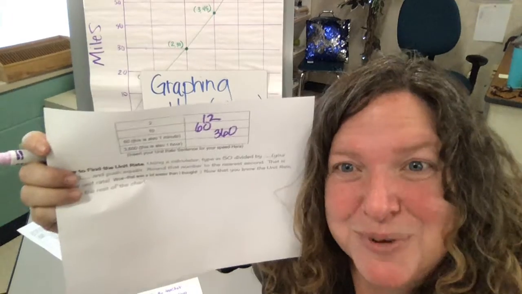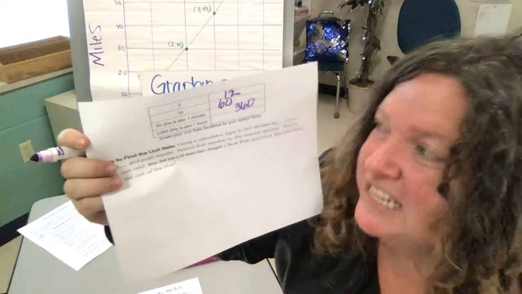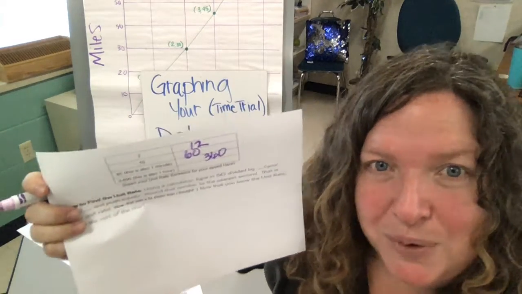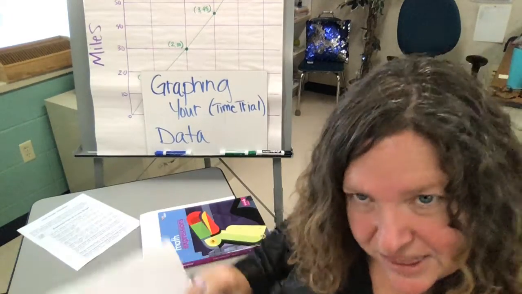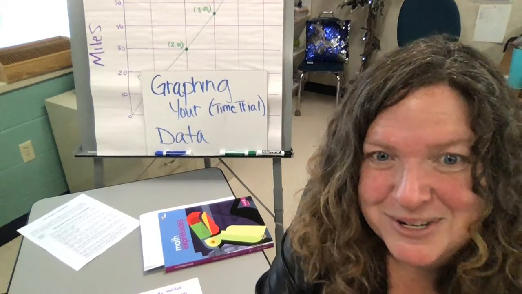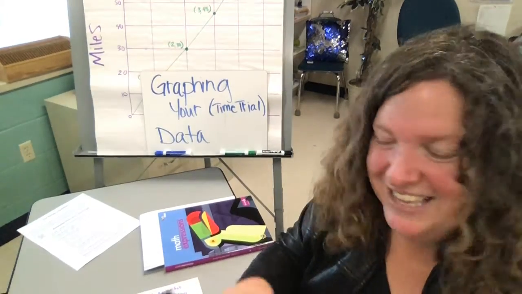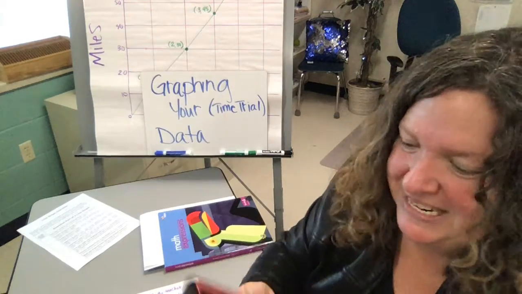So I'm now trying to calculate my speed in hours, in yards per hour. What is 6 times 3,600? Again, it's okay if you go to your trusty calculator.